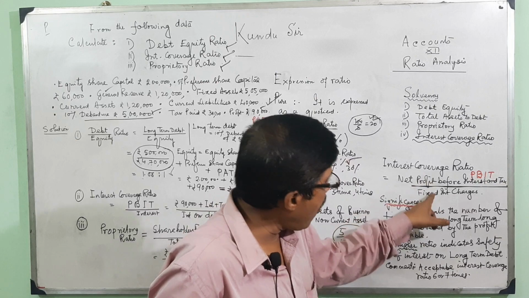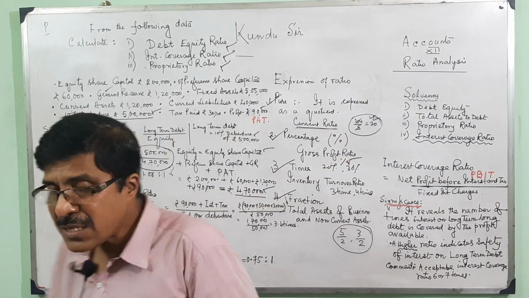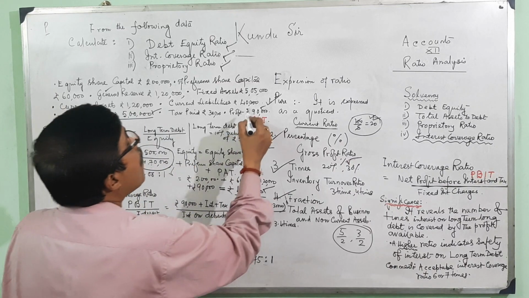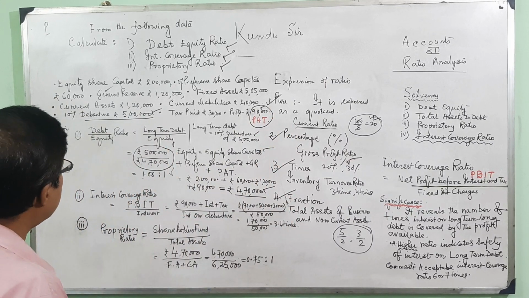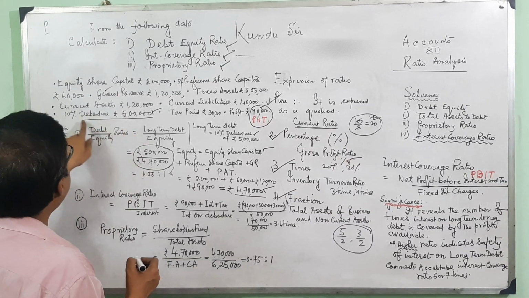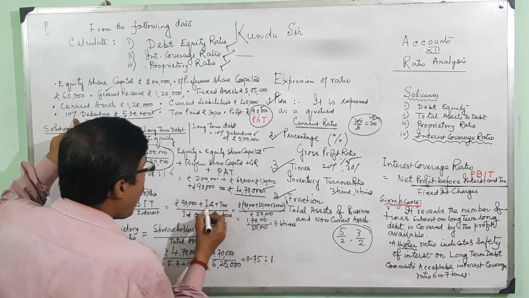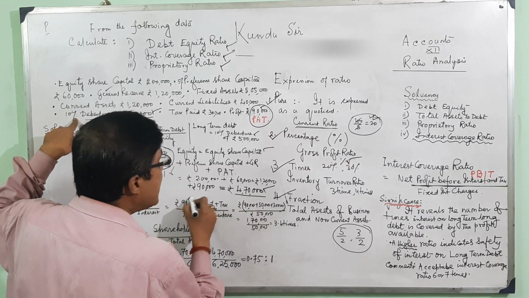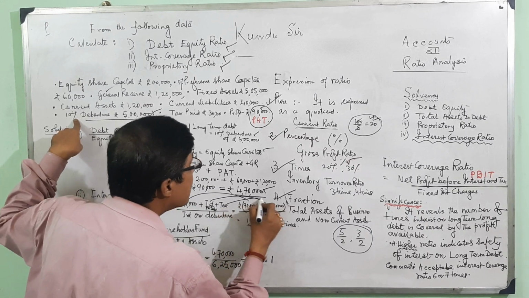We have to calculate profit before interest and tax, as we have got profit after interest and tax. The interest on debenture is 10% of 5 lakh, and then there is tax.